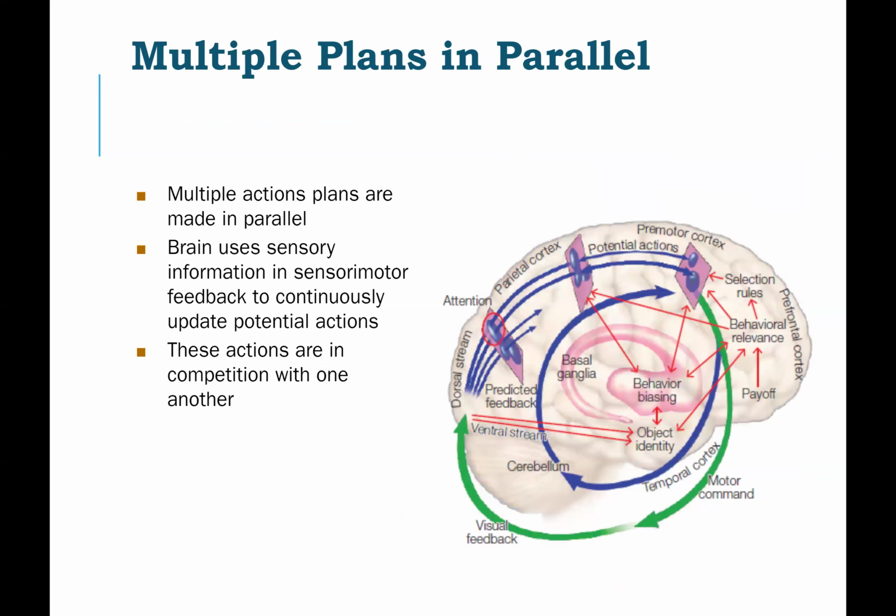Okay, so one last thing is about what if we have multiple options and we're trying to decide between what actions to take? If you have an animal running away from a predator and they see a branching in the road and they try to run in one direction, how would they decide that?